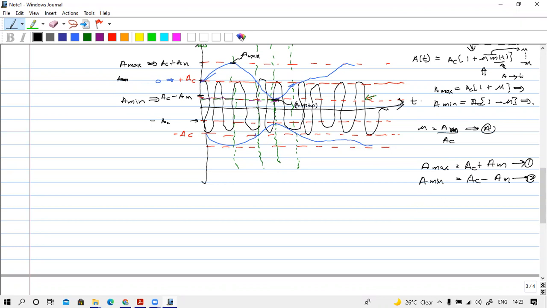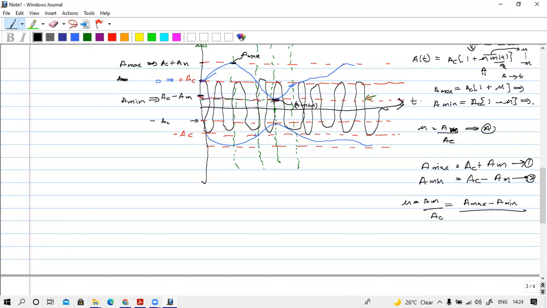So mu can be defined as A_M by A_C, and also we can define it using A max and A min. If you subtract A min from A max, A_C cancels out and you will get 2 A_M.